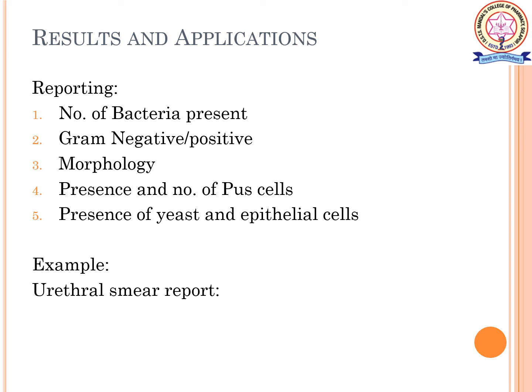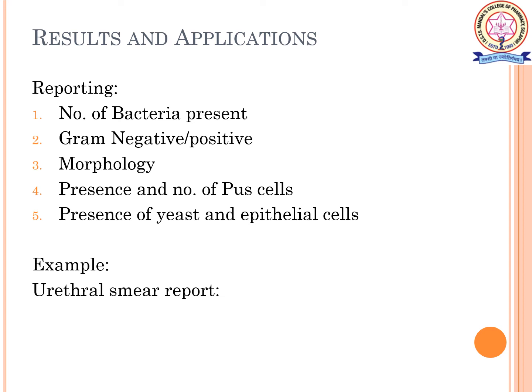Suppose you have taken a urethral smear, that is, a swab from the urethral area, where both yeast cells and bacterial cells are present. On blood agar they will show the same colonies, or sometimes pus cells are also formed, and these can be determined.